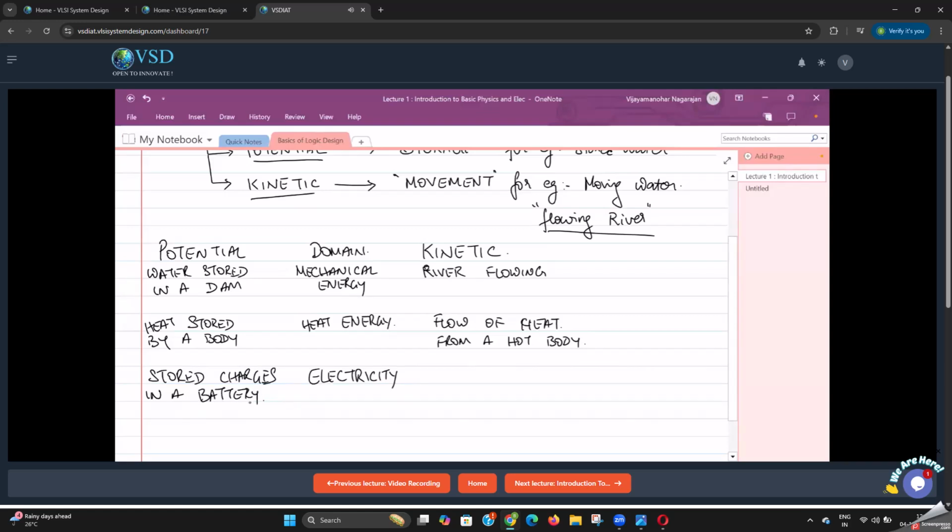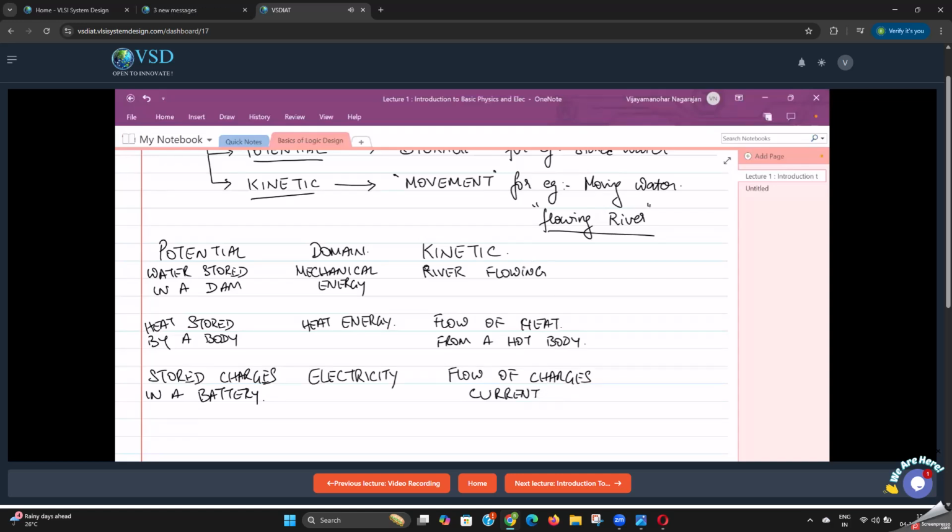That's what we say, I'm charging my mobile phone, I'm charging my laptop. So we are accumulating the charges in the battery. And this is the flow of charges, which we say current.